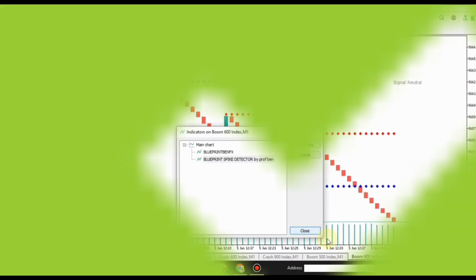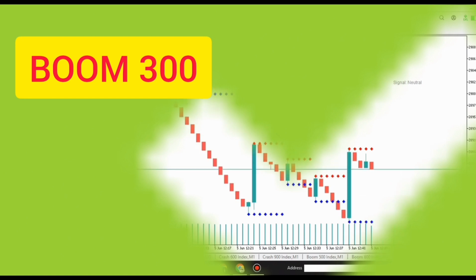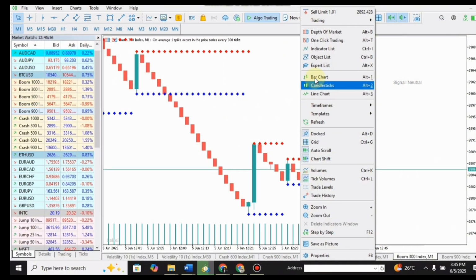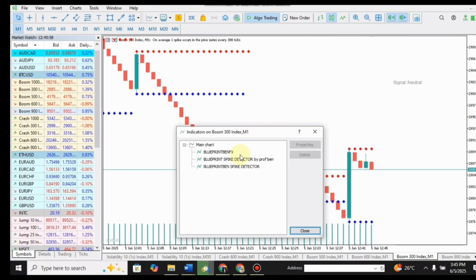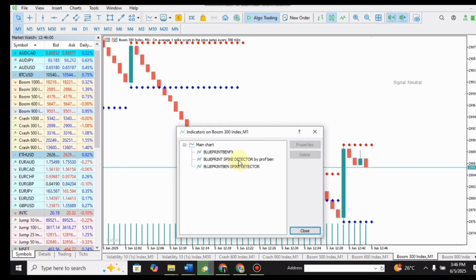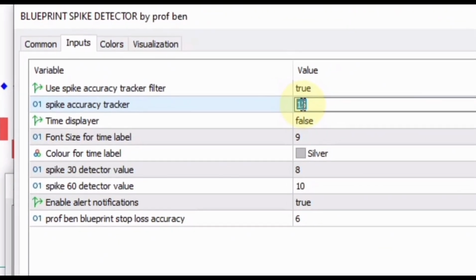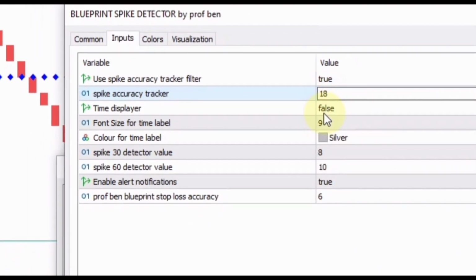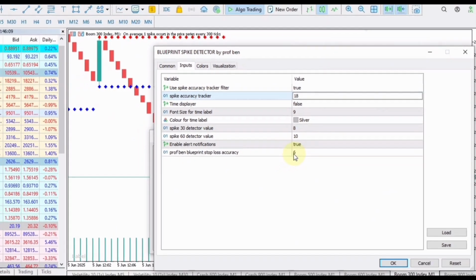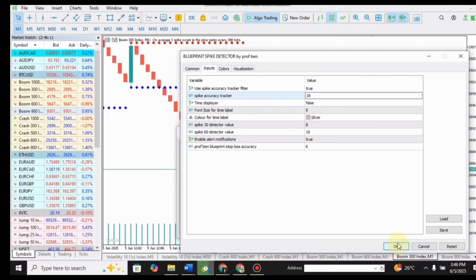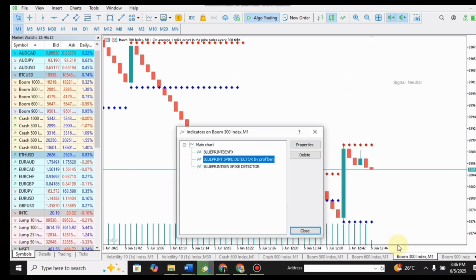Next in the list for setting is Boom 300. Boom 300 is actually a very tricky market to trade. But these are the settings. We set the spike tracker filter to true, value 18, and stop loss 6 with a maximum candle loss of 17 candles.